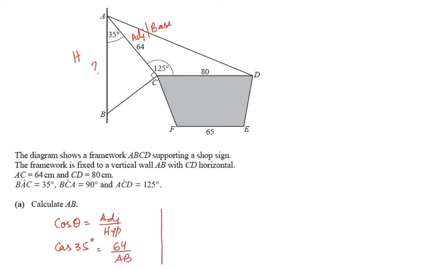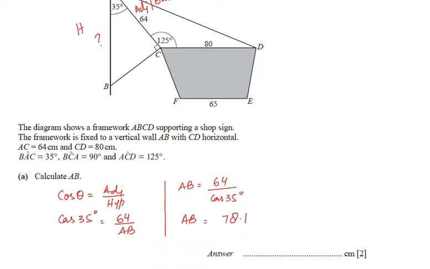Now if we cross multiply this, AB is equal to 64 upon cos 35. Now we will find this with the help of calculator. It is equal to 78.129. If we write the answer correct to three significant figures, it will be 78.1. So the length of AB is 78.1.